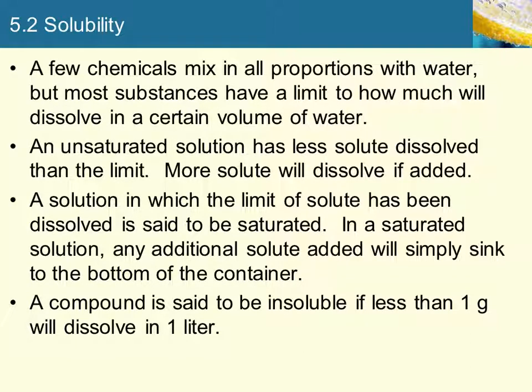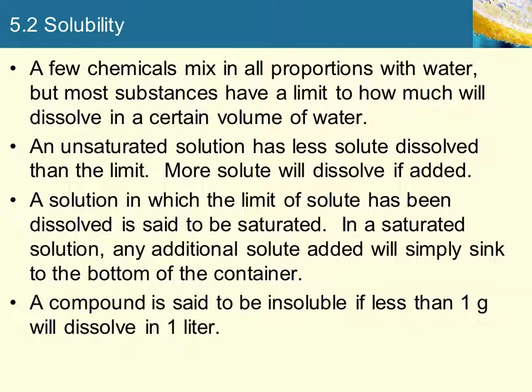That means we can add more solute and it will dissolve when added. A solution that has the max amount of solute per given amount of solvent at a specific temperature is considered saturated, meaning it's full. If I add any additional solute, it will simply sink to the bottom of the container.